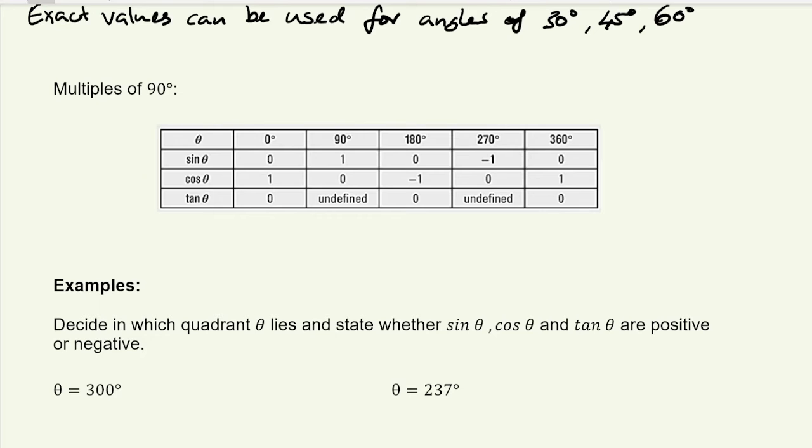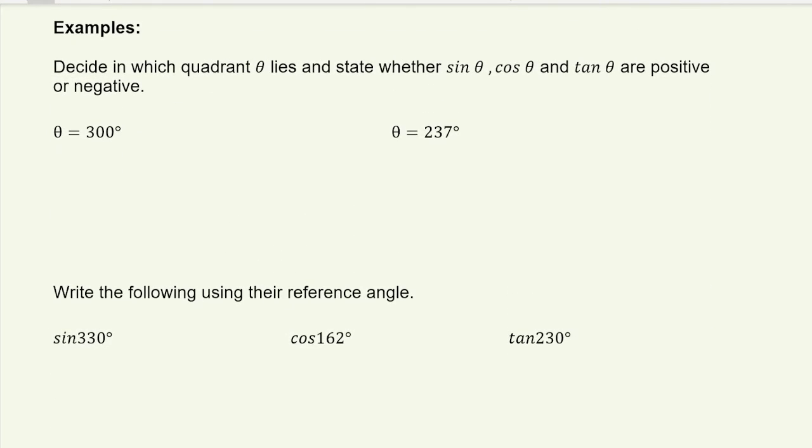Alright, our first example there. Decide in which quadrant theta lies and state whether sine theta, cos theta, and tan theta are positive or negative. Our first one there is theta equals 300 degrees. So, quick little quadrants. Alright, theta is going to come all the way around here, and that's going to be 300.